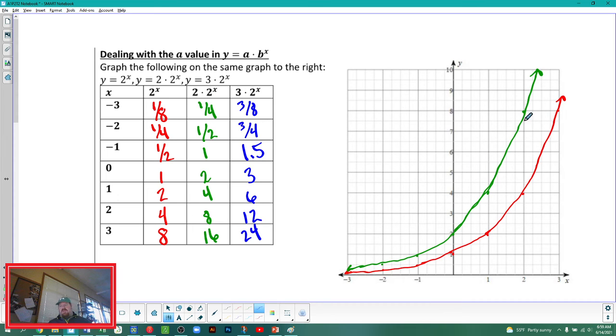So not many of those on the positive side are going to hit my graph, but that's okay. 3/8 is almost a half. 3/4 will be there. 1.5 there. 3 there, and then 6. And then I'm off my graph. So we see as we get a bigger and bigger A value, it's going to make our graph increase at a much quicker rate as we go.